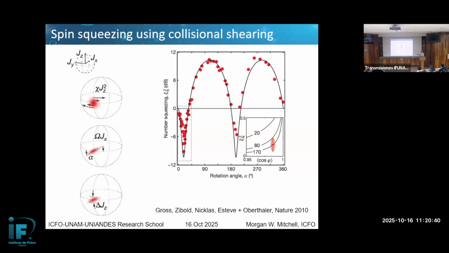What they're plotting here is the variance of this measurement as a function of the rotation angle. What they see is that if they rotate so that the thin axis here is along the Z direction, then they see a much lower variance than if they rotate so that the long axis is along this Z axis.